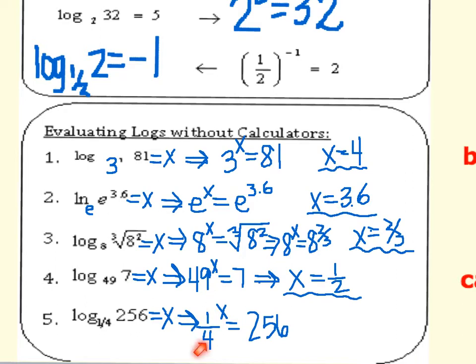So I think, well, 4 squared is 16. And if you just test it on your calculator, because you're not sure exactly, you'll find that 4 to the 4th is 256. And in order to get rid of this fraction, I have to make it 4 to the negative 4th. So my answer is x equals -4. And there's your answer for that one.